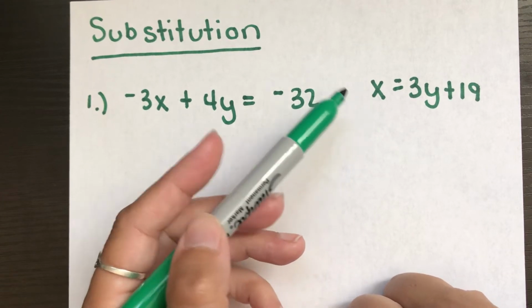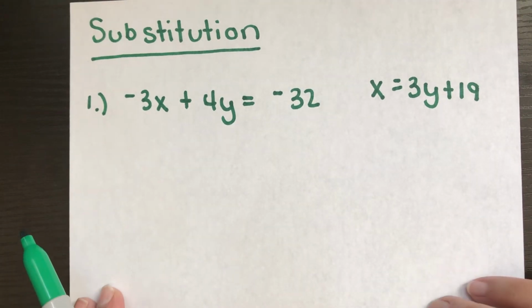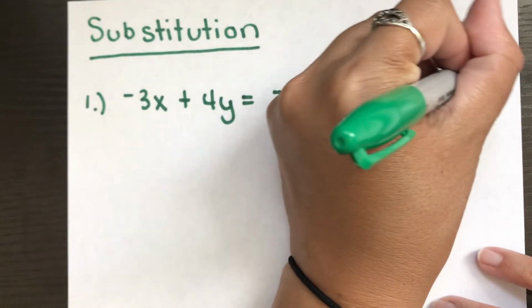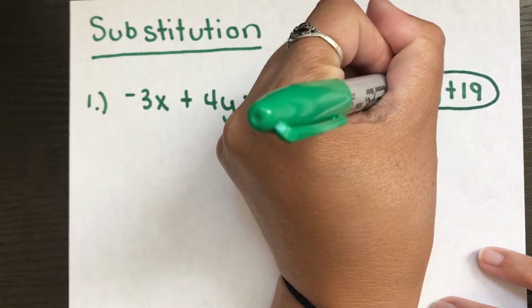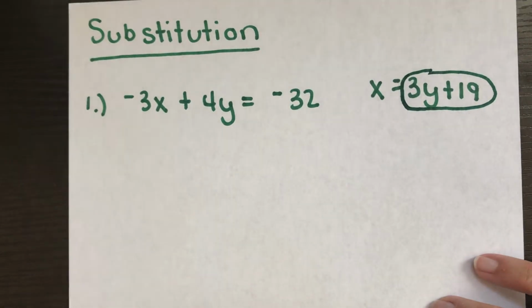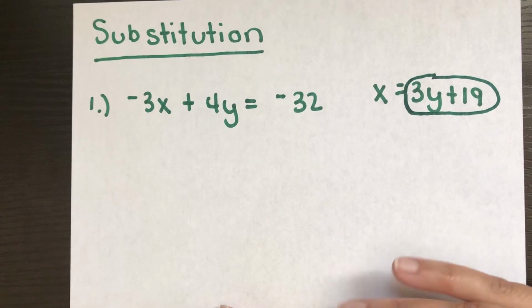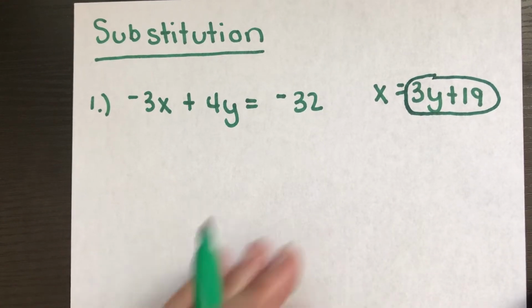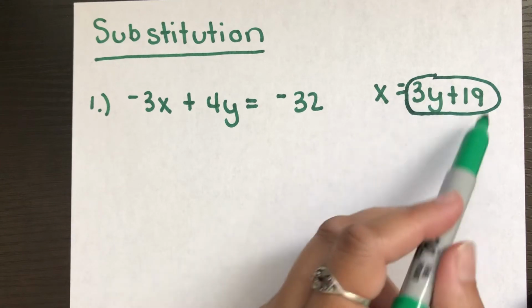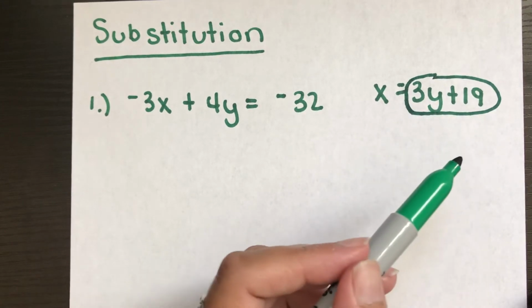So either the variable needs to be isolated or there needs to be a 1 in front of one of the variables. And what substitution is, you identify, in this example, I know that x equals 3y plus 19. Now, I'm used to seeing things like x equals 5 or x equals 6, but in this case, x equals two terms, a 3y and a 19.